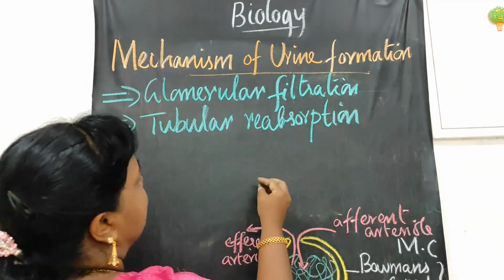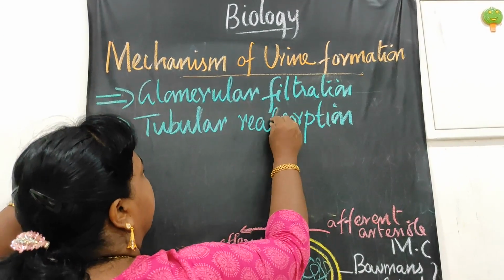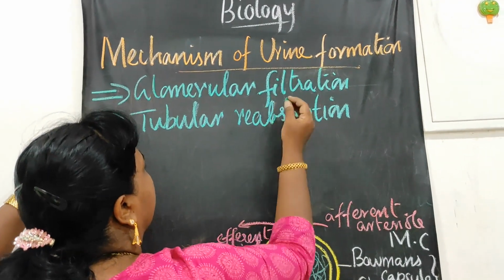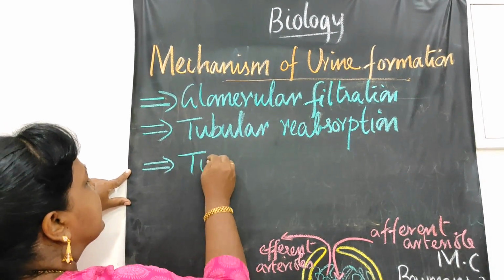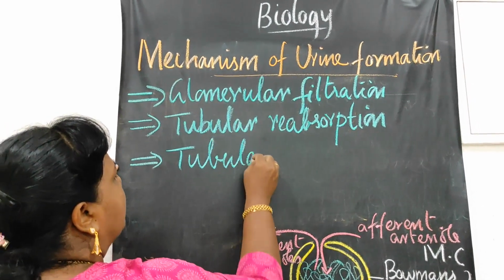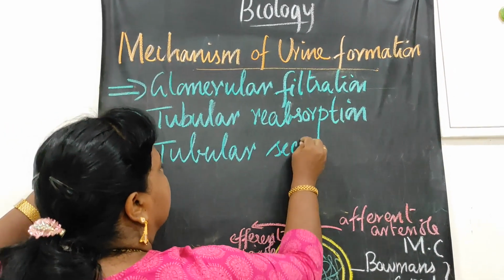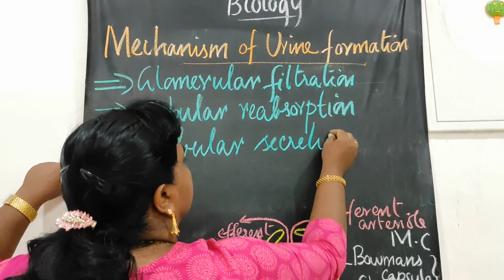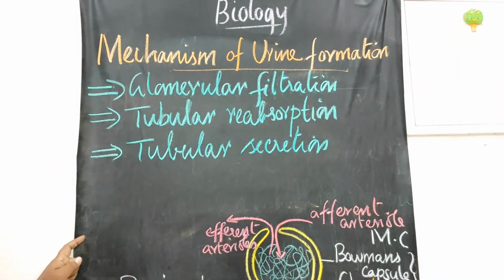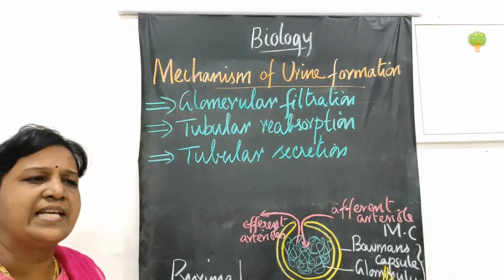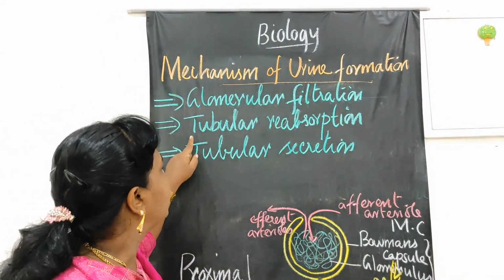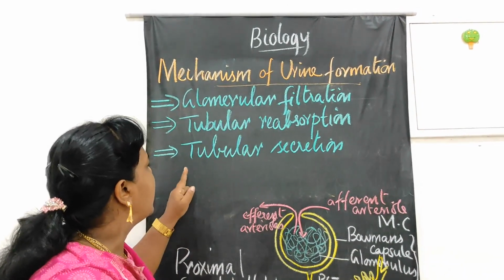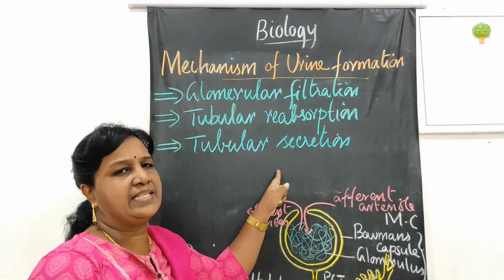Tubular reabsorption. And the third one is tubular secretion. So the mechanism of urine formation takes place in three stages: glomerular filtration, tubular reabsorption, and tubular secretion.